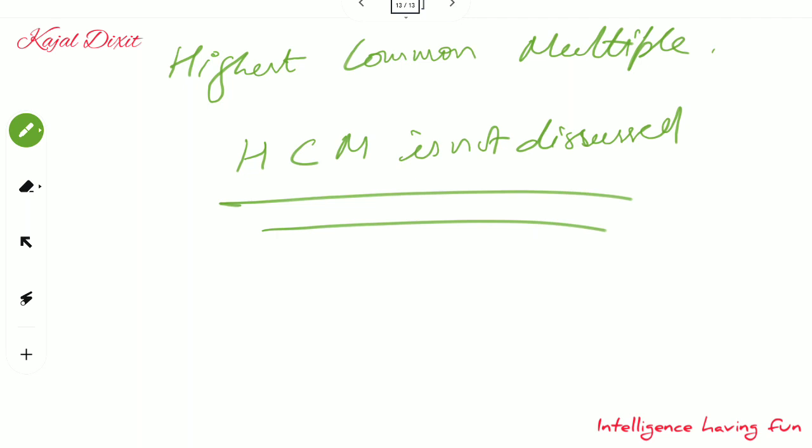Because there is no end to the highest multiple of any particular number. You can always get an infinite number of multiples for any set of numbers. So finding the highest multiple will be very difficult for us. That is why we go for the LCM part only, not the HCM part. Right? So with this, I am ending the topic here.